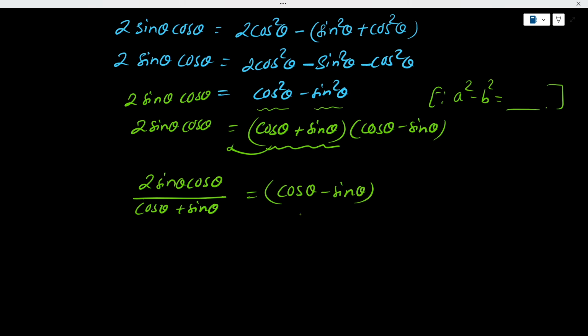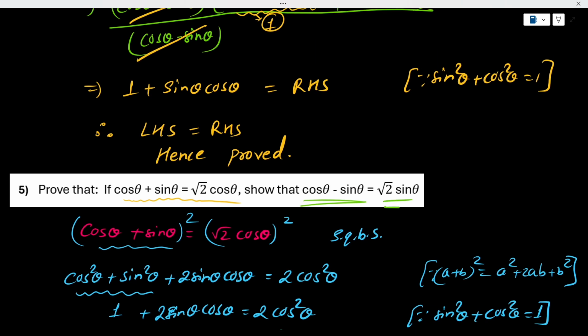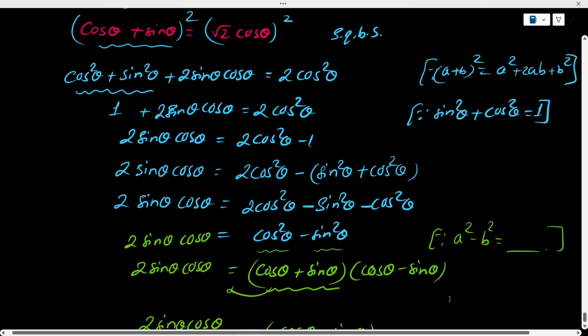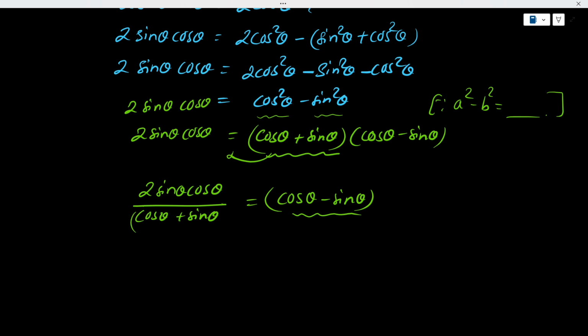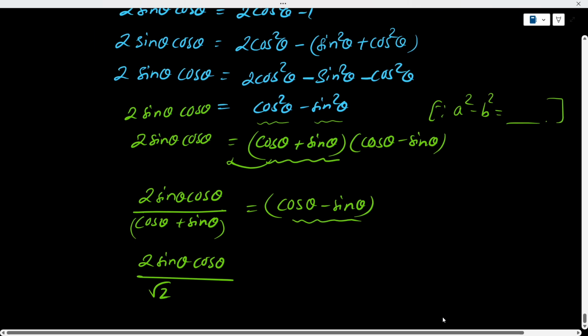Now if I simplify this, I'll get the value of cos theta minus sin theta, which should equal root 2 sin theta. Now what is the value of sin theta plus cos theta? Root 2 cos theta. So substitute in this place. How much are we getting here? Root 2 cos theta, right?